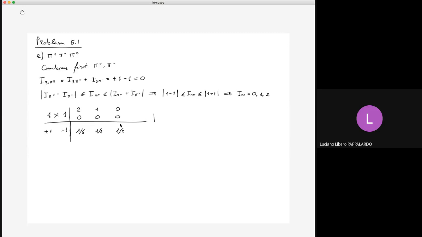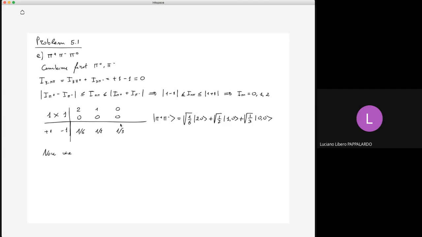So the isospin wave function for this 2 pion system, pi plus, pi minus, will be a combination of these 3 states: square root of 1/6 for the 2, 0, plus square root of 1/2 for the 1, 0, plus square root of 1/3 for the 0, 0.